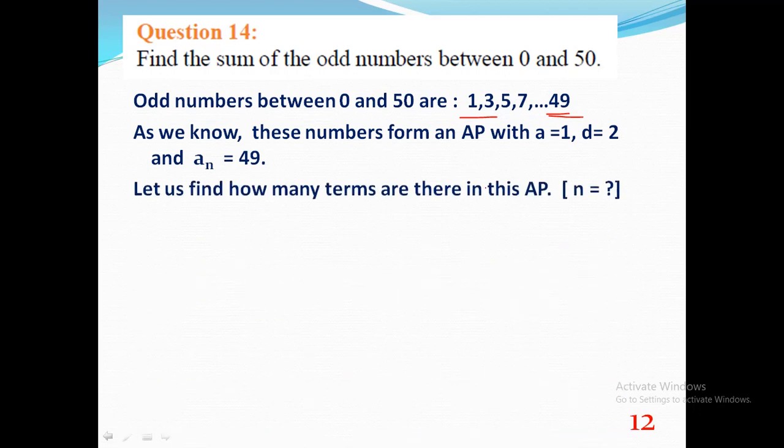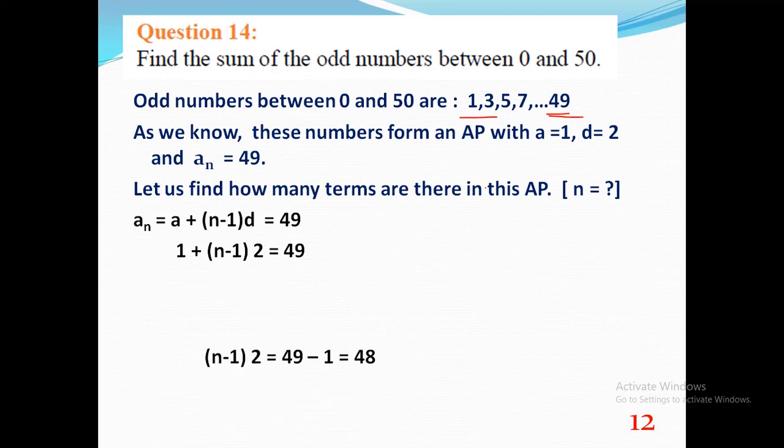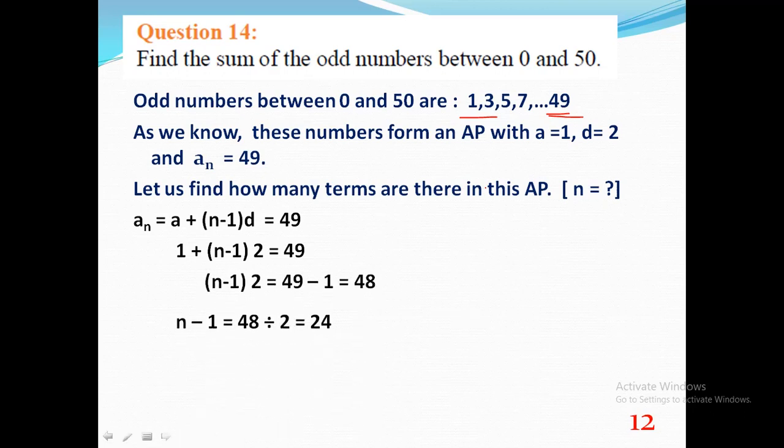So to find that, we will take the help of the formula an equals a plus n minus 1 into d, that is equal to 49. So 1 plus n minus 1 into 2 equals 49, or n minus 1 into 2 equals 49 minus 1, 48. n minus 1 equals 48 by 2, that is 24, and n equals 25.